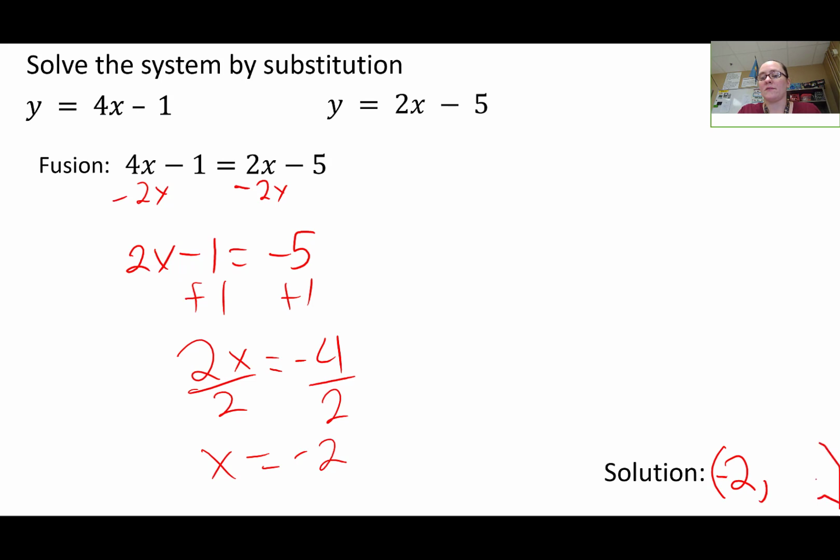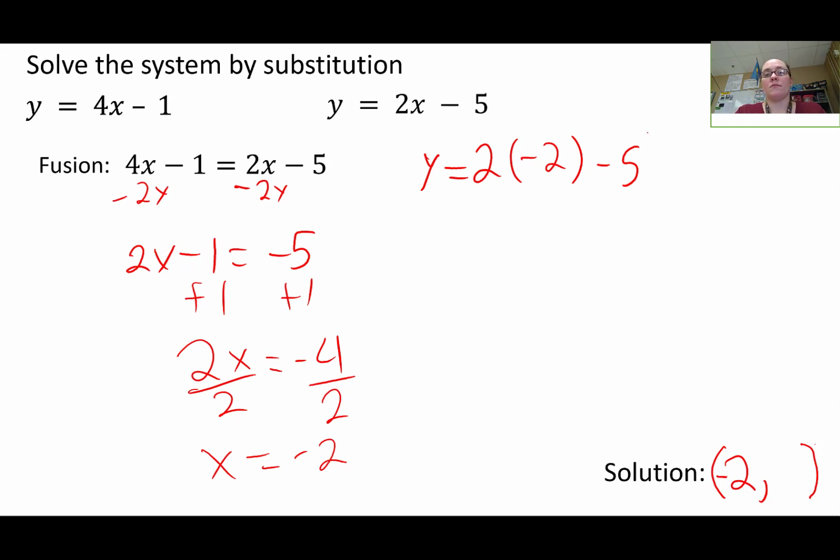I still need to find that y value by plugging back into either of my original problems. I'm just going to pick the second one, and we get y equals 2 times, well, we found x to be negative 2, minus 5.